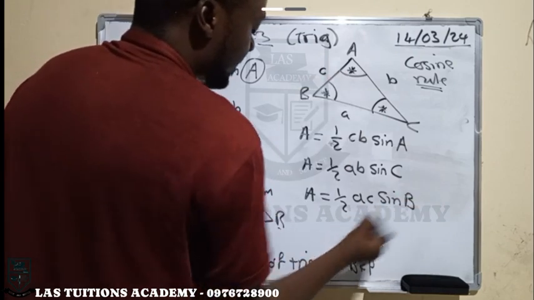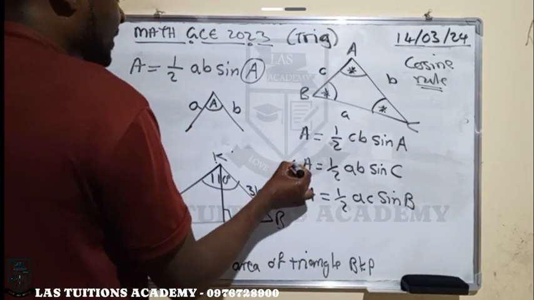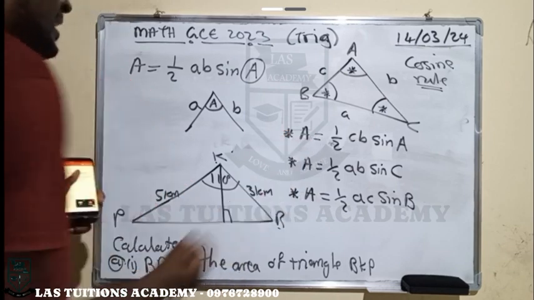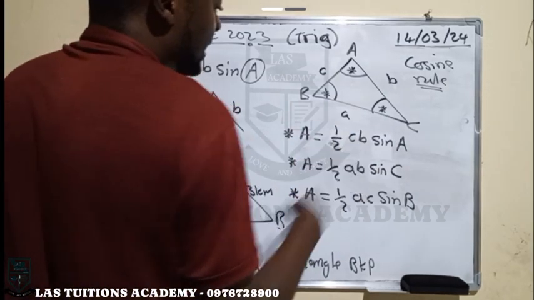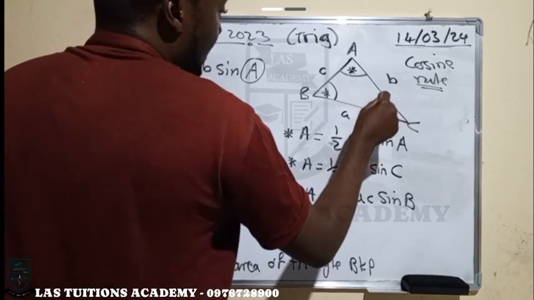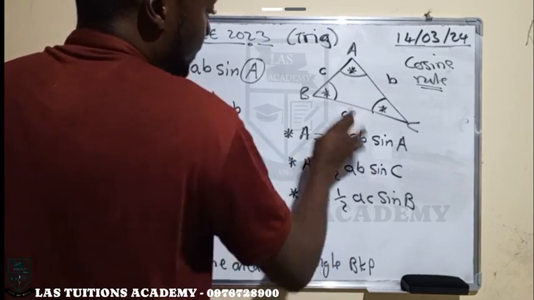Now you can only pick one of these. You cannot do them all like this. So you can only pick one which you feel can work for you. So you pick the one that will have enough information, where you have an angle in between and then you have the two sides. Then you pick that one.